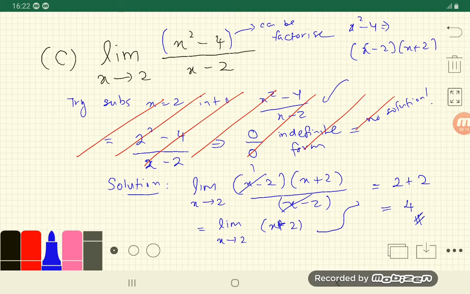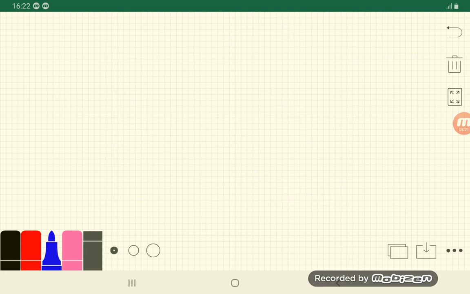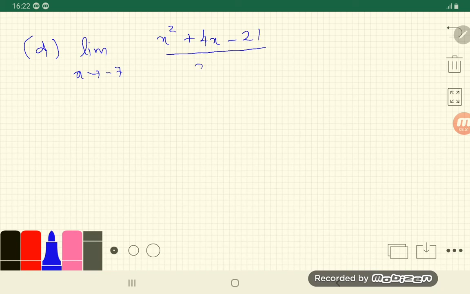Okay, you might try to deal with this kind of question, and perhaps we can discuss it later in our live session. Maybe if you have this kind of question: limit as x approaching -7 of x squared plus 4x minus 21 divided by x plus 7.